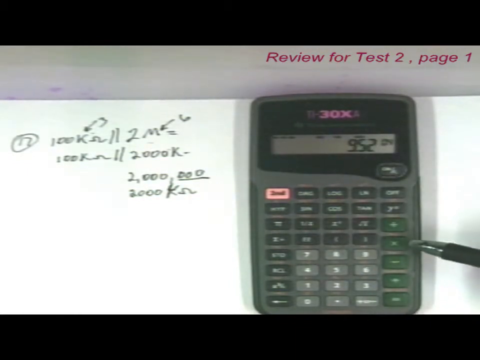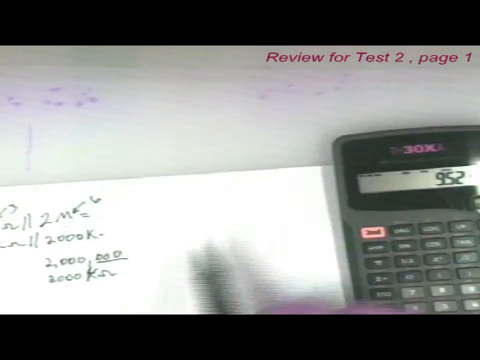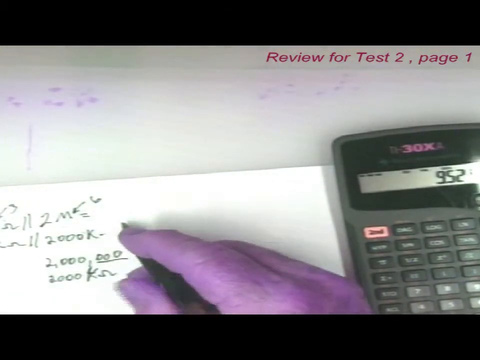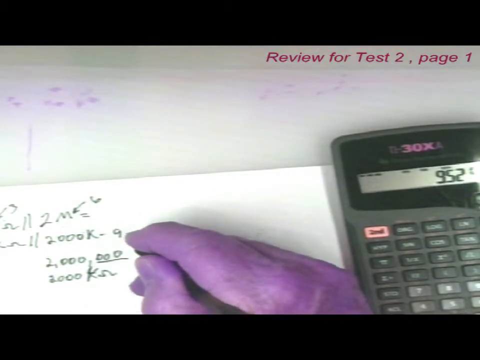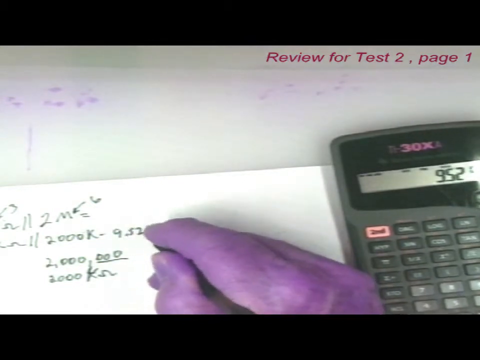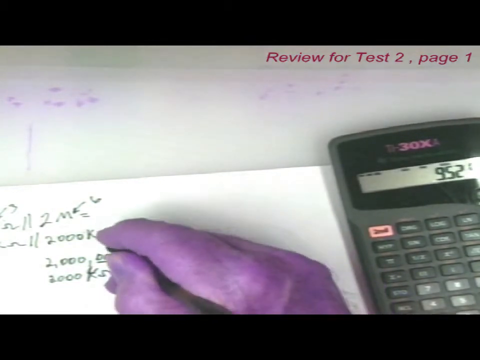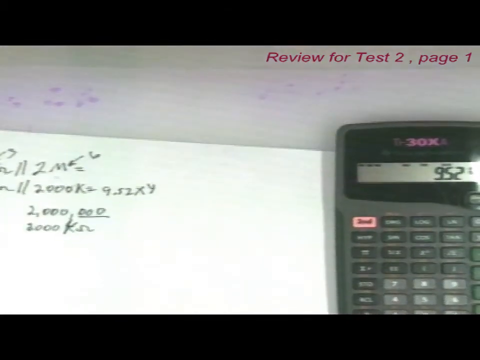Did I hit the reciprocal? Yeah. 9.52 is what we come up with, times 10 to the 4th. Okay, let's look at that.